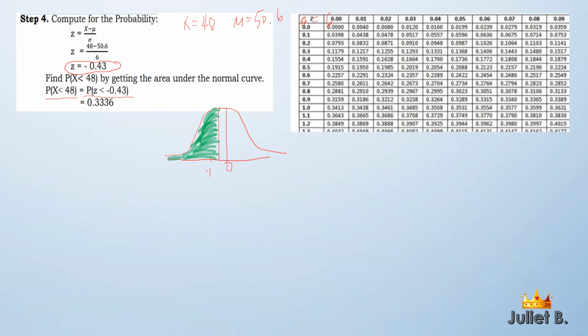So, first, we will look for the value of negative 0.43. So, pag hinanap yan, review ulit tayo in finding the value. This will be 0.04 dito sa z values. Tapos sa hundredths, ito yung 0.03. Kukuhanin lang natin yung intersection nila.